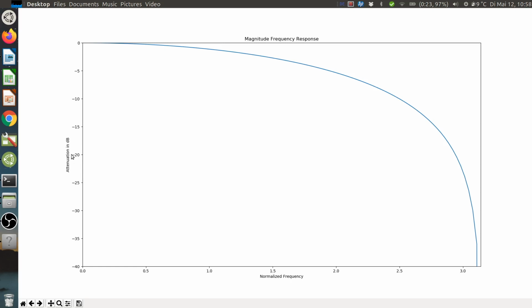So minus 20 dB here is 0.1, and we can see it's actually pretty far down here. It's very close to Nyquist. Here we see it's 2.9 on our normalized frequency scale, so it's almost Nyquist. And minus 20 dB is actually not much attenuation.